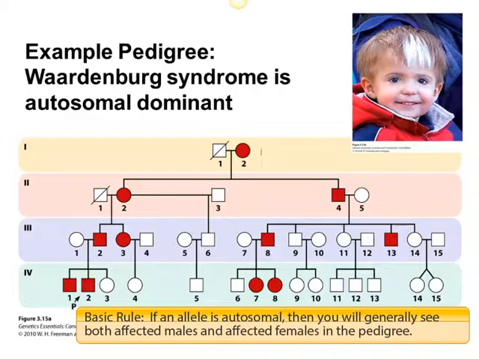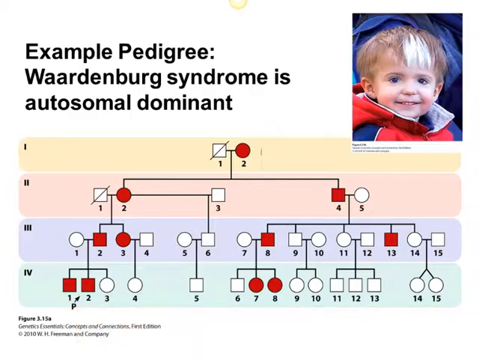Most genes are not on the X chromosome. The X chromosome is only one chromosome out of 23 different types in human. So the chance that a gene is on the X chromosome is less than the chance that it's on the other chromosomes. So unless you see all males that are affected or shaded, you want to go ahead and assume that it's autosomal.